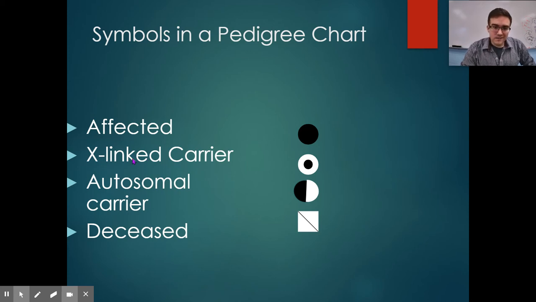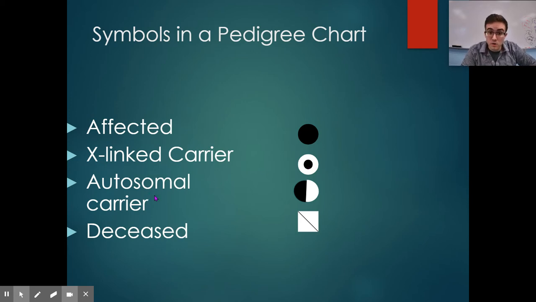If a female is an X-linked carrier, remember that females are the only ones that can carry X-linked diseases. Males cannot carry X-linked diseases. If a male has an X-linked disease, they're going to be affected by it. If they're an X-linked carrier, it's a circle female with a colored dot in the middle.